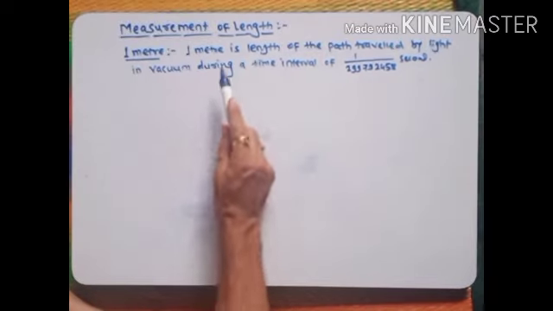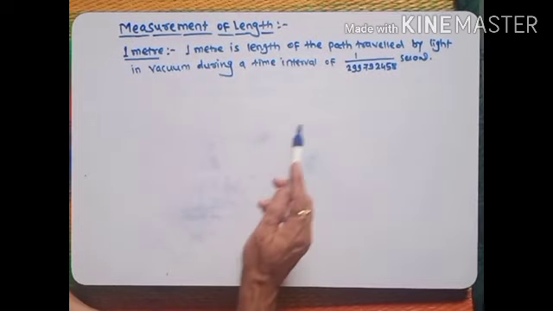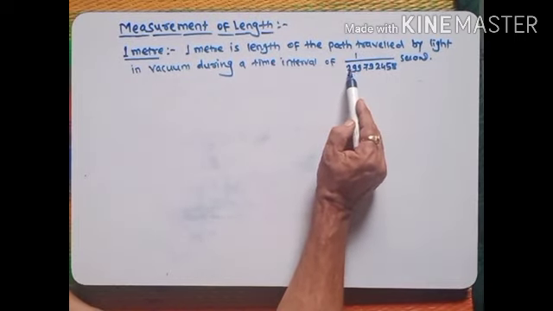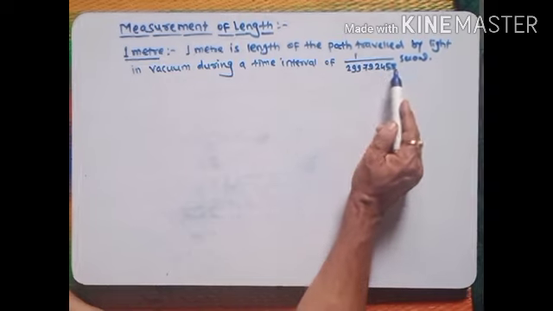Okay, 1 meter is that length of the path traveled by light in vacuum during a time interval of 1 upon 299 792 458 second.